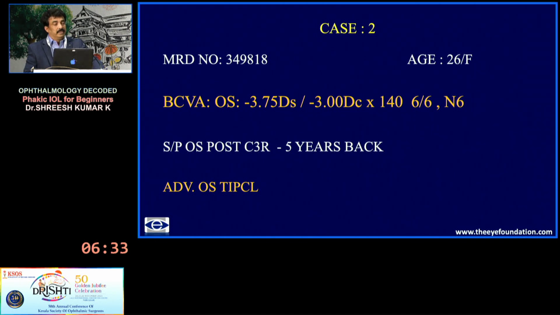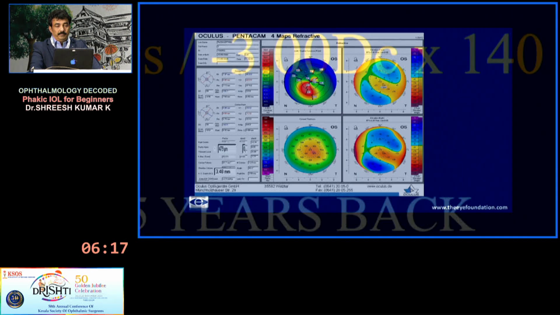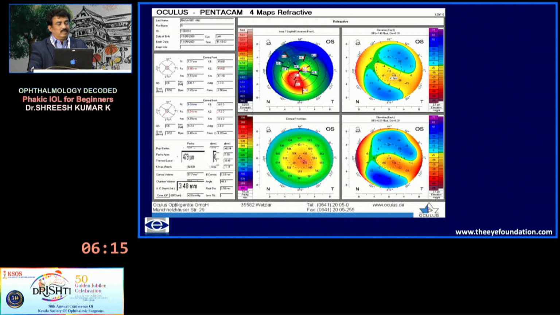Similarly, this particular case is a post-C3R patient who underwent C3R 5 years back, and he has a residual astigmatism of 3 diopters and a spherical power of 3.75 diopters, but improving to 6/6. So the cone here is almost central.